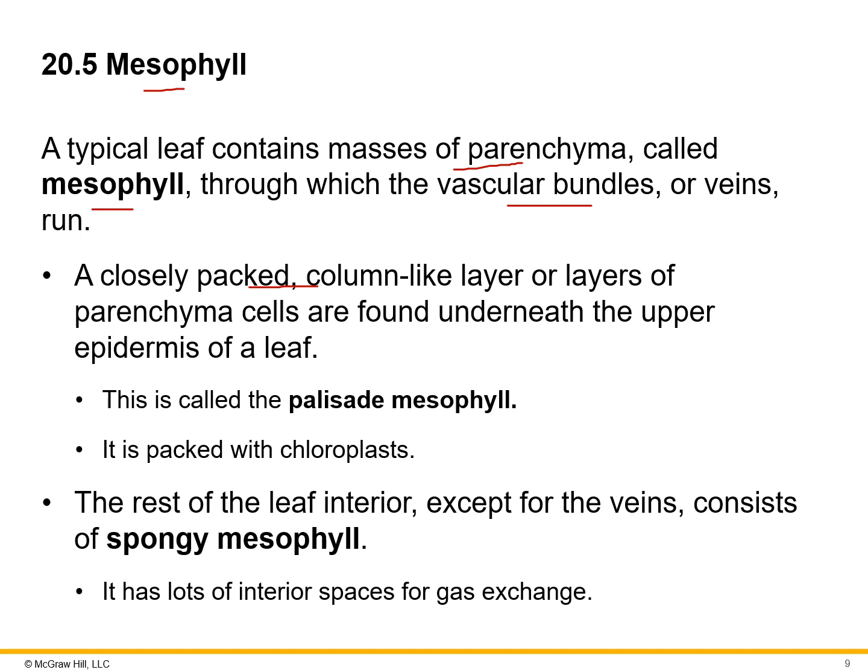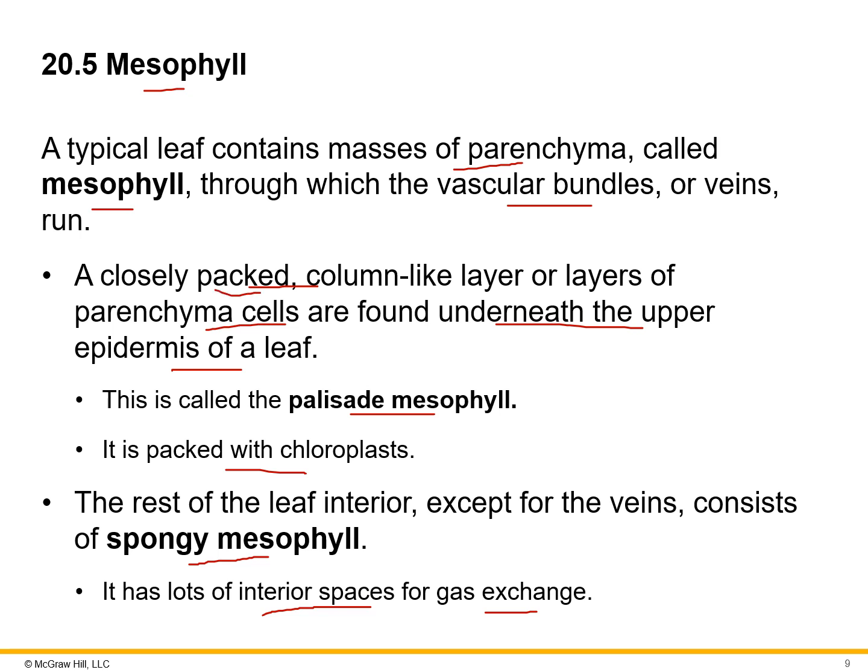The loosely packed column-like layers of those parenchyma cells underneath the upper epidermis of the leaf are referred to as palisade mesophyll. We'll see a picture here in a second that has some packed chloroplasts, but then the rest of the leaf has spongy mesophyll, and there it has lots of interior spaces that allow for gas exchange.